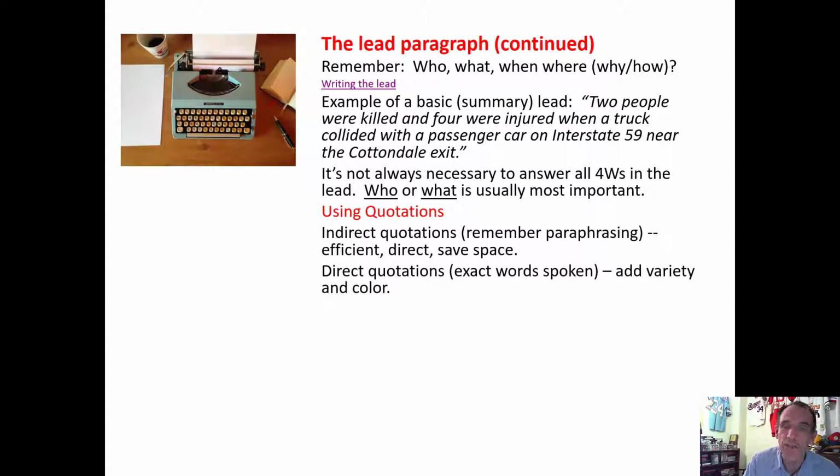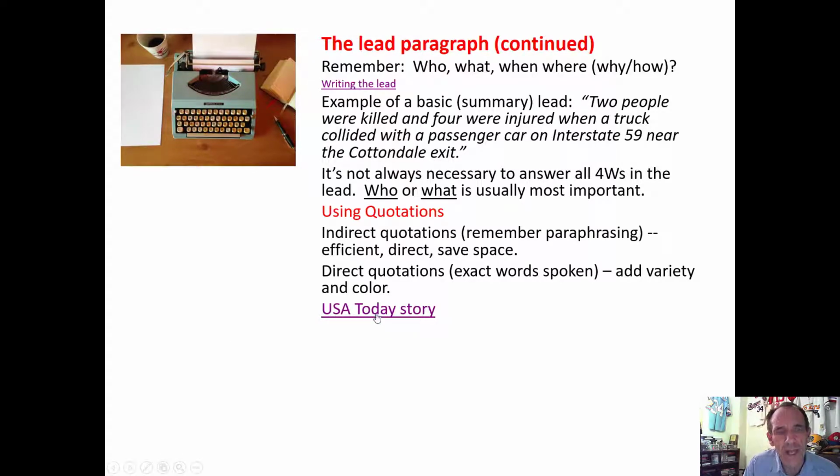Direct quotations, these are the exact words that an individual speaks. They add variety to the story, they add color, they bring some emotion, and very often some opinion into the story, and you as the reporter are not supposed to express an opinion, but someone who's involved in the story can express an opinion. You ought to try to find another quotation that expresses perhaps an opposite opinion for the sake of balance, for the sake of being objective.